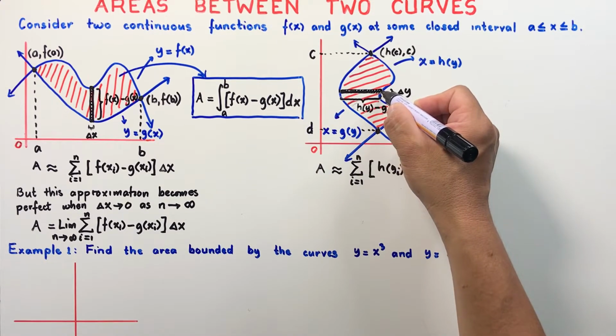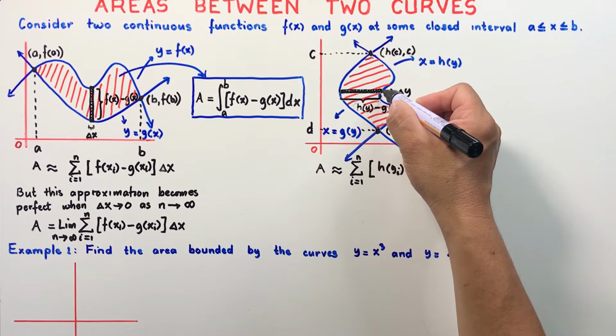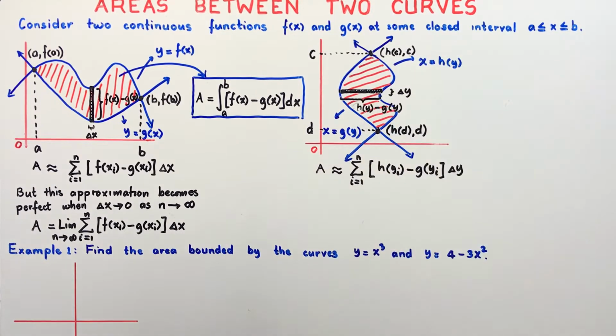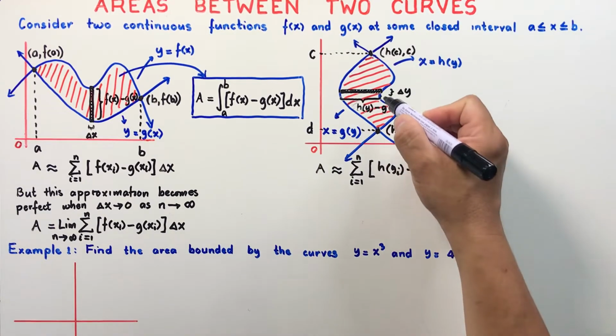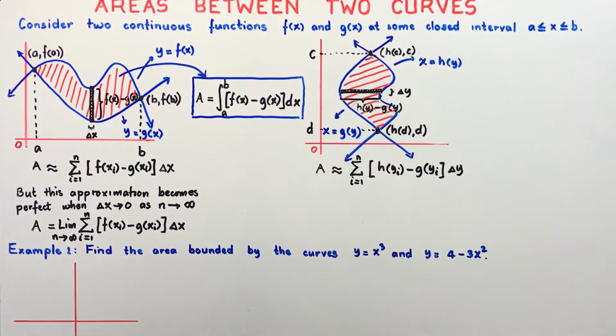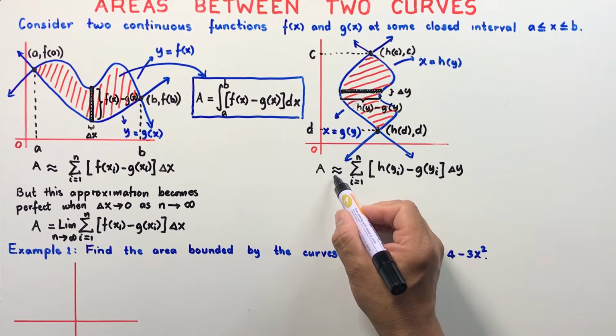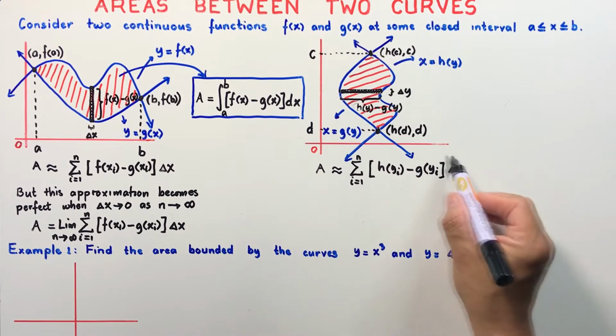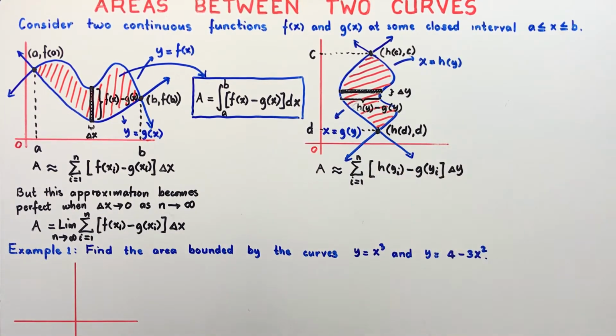And that discrepancy, sometimes it's greater than the actual area, sometimes it is lower than the actual area. Now, suppose that it's greater than the actual area. Then there is what we call an excess area. So that is why the area is only approximately computed by this formula.